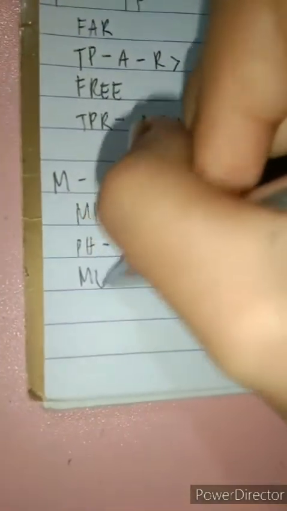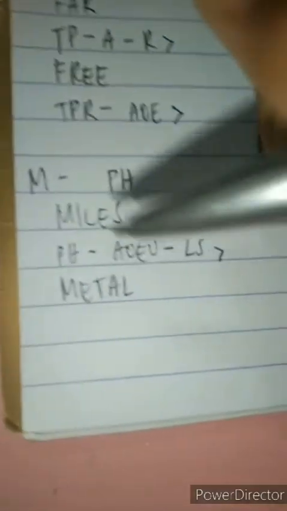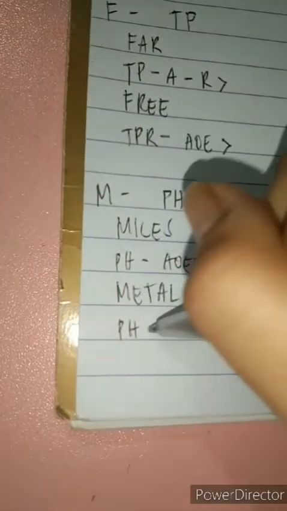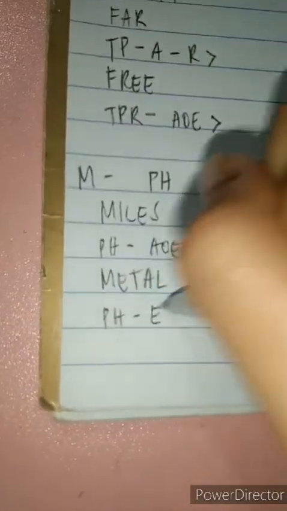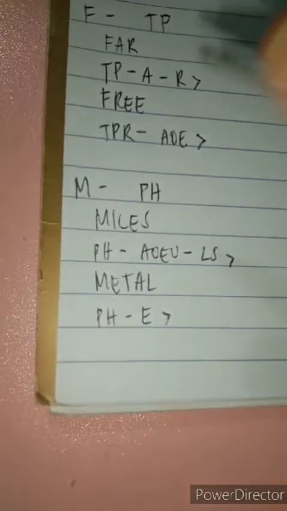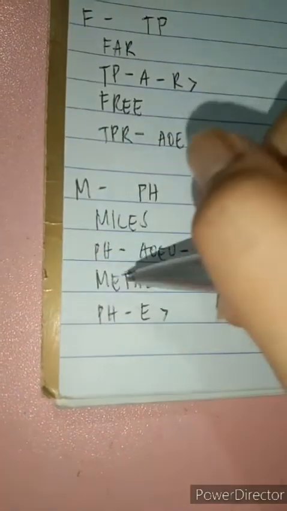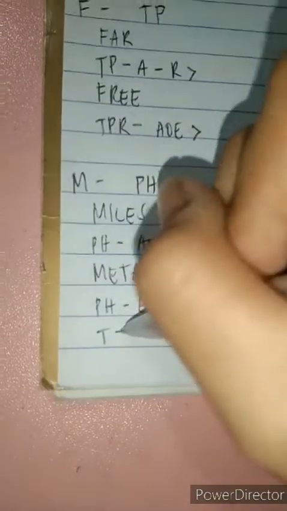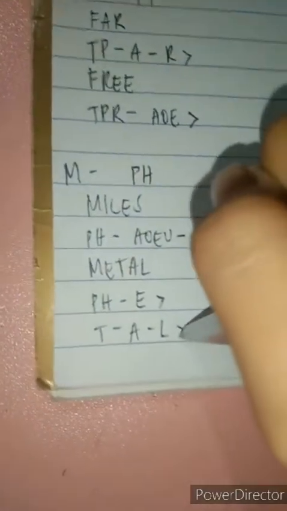Another example, the word metal. So, PH. This has two syllables. Metal. PH for M, and then E, and then release, and then for the next syllable, T becomes a beginning sound again, and then A, and then L, and then release.